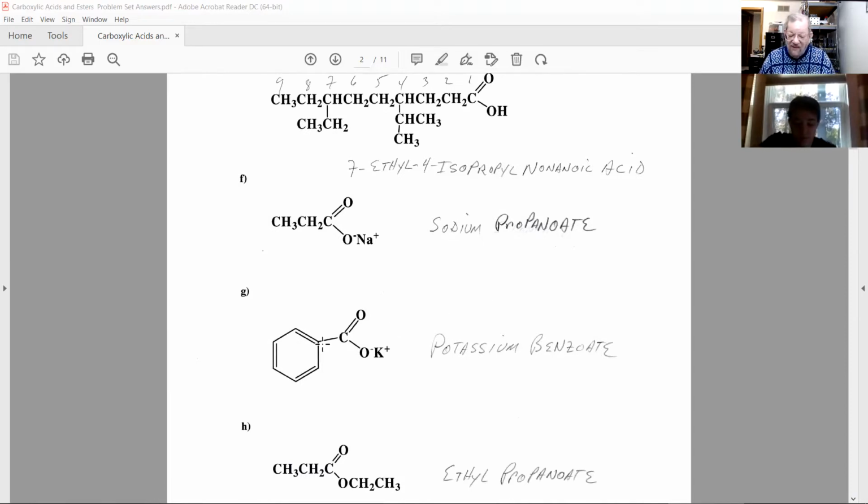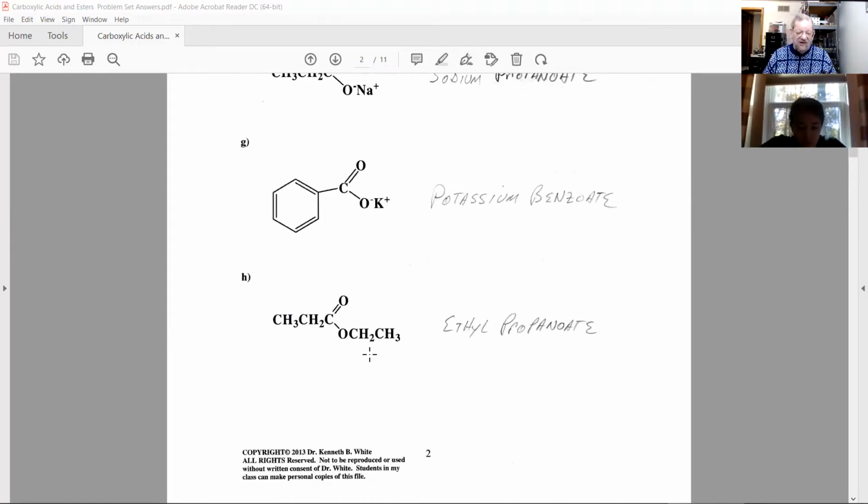Now, when R is not carbons, like a benzene ring, you have to use the original IUPAC method, which is name the carboxylic acid that this comes from. And if this were an H instead of O minus K plus, that would be benzoic acid. And you drop the IC in the word acid and add ATE, benzoate, but in the front, you still name it as the element it comes from.